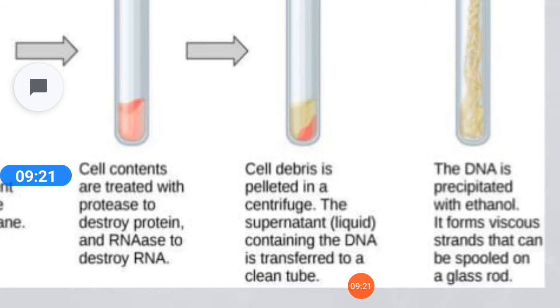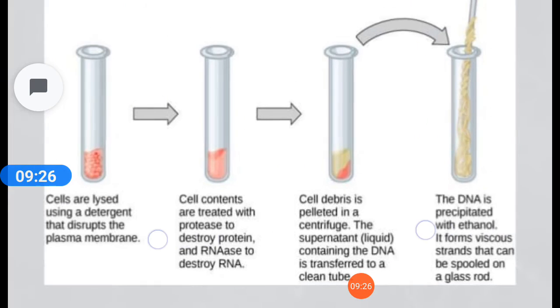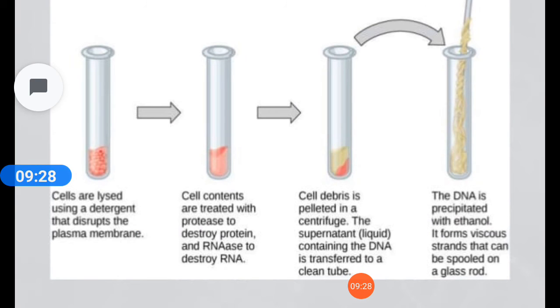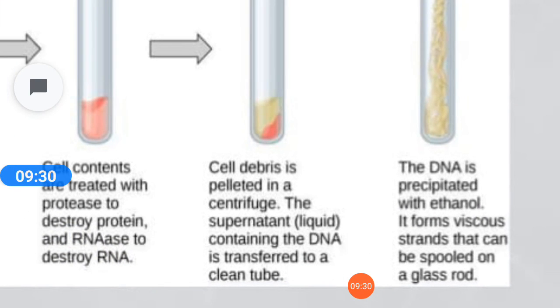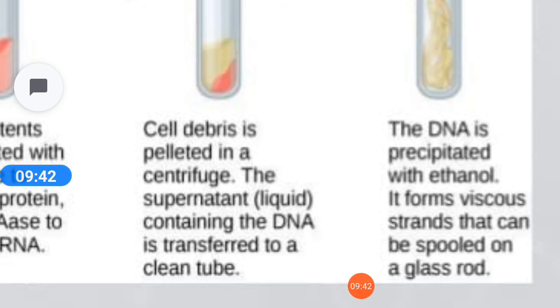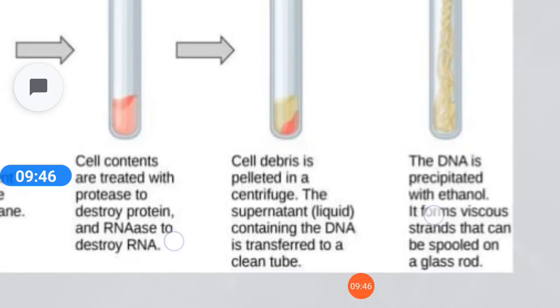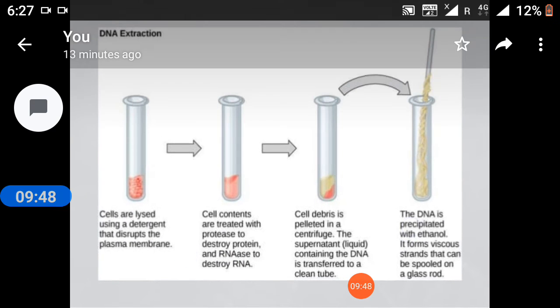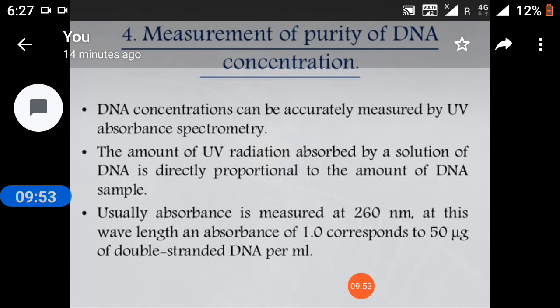The liquid containing the DNA is transferred to a clean tube, and lastly the DNA is precipitated with ethanol. It forms viscous strands that can be spooled on a glass rod.